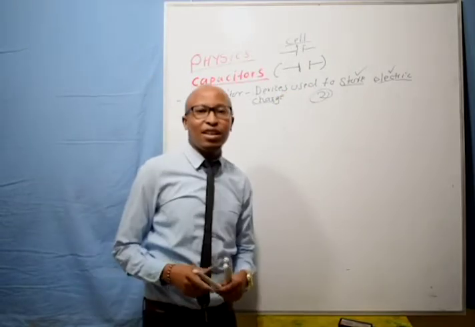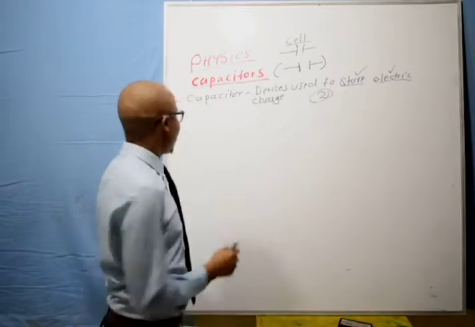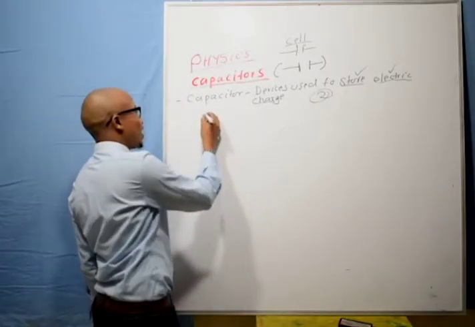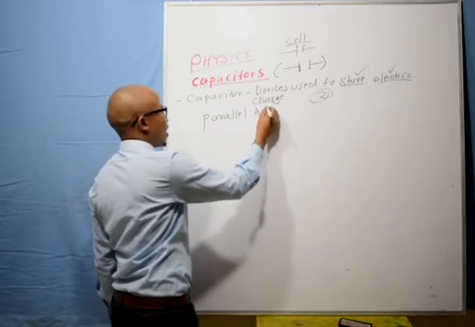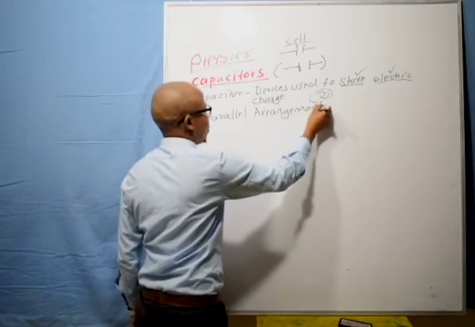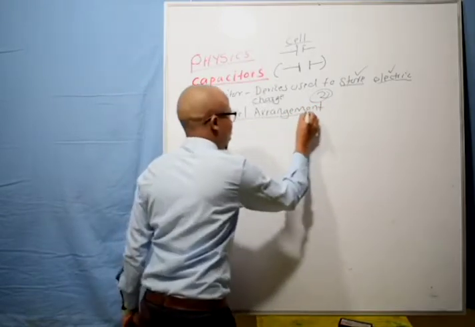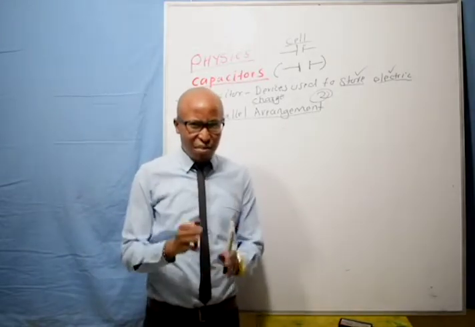The next thing, let's go to the arrangement. We have several arrangements, but in this topic, let's go to the parallel arrangement. Ask yourself, have you ever seen a parallel thing?